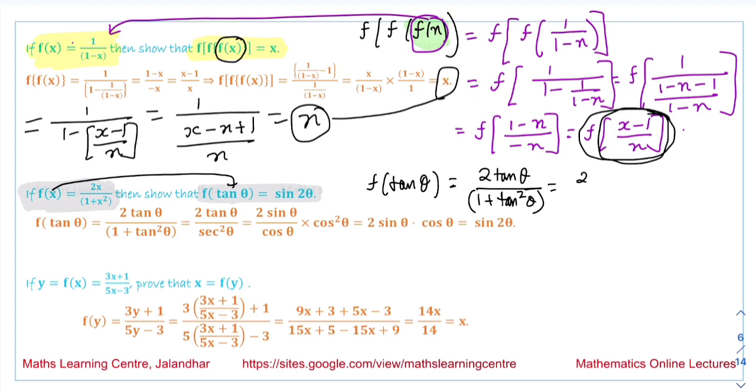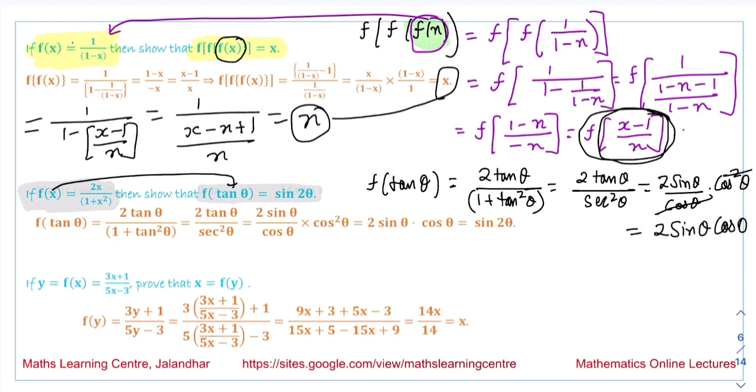This is equal to 2 tan θ/sec²θ. This is equal to 2 sin θ/cos θ times cos²θ. So this cos θ cancels, and this is equal to 2 sin θ cos θ, and this value is equal to sin 2θ.